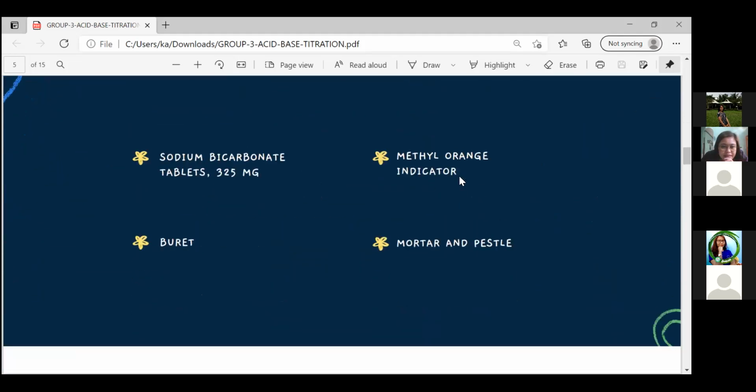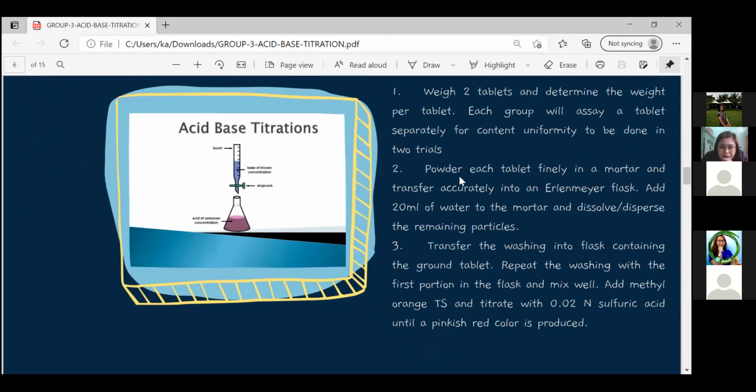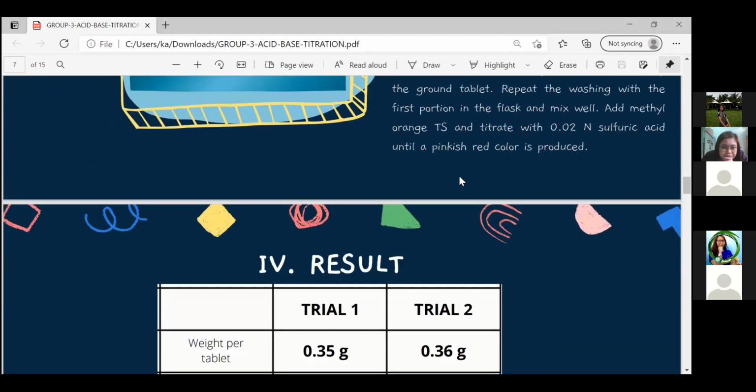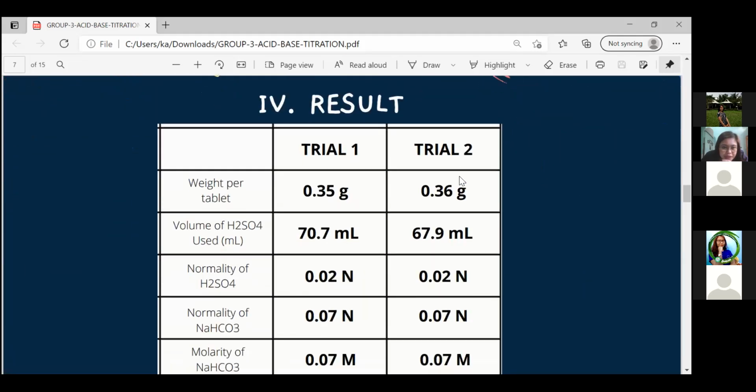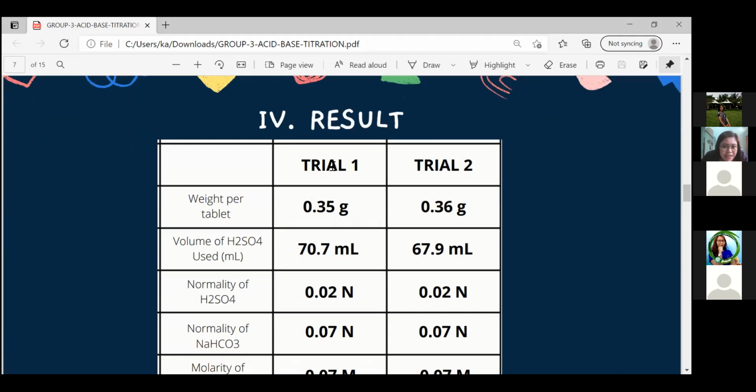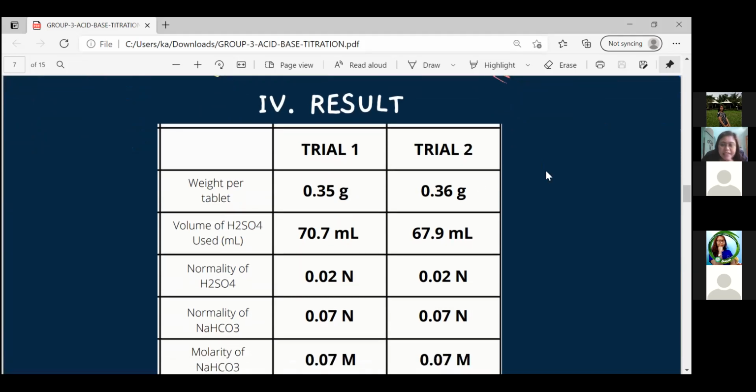Let us have the computation. So, ito inyong results. The weight per tablet, dili na siya gamiton during the computation sa normality and even sa molarity. Na-mention na nako ang reason, no ha?